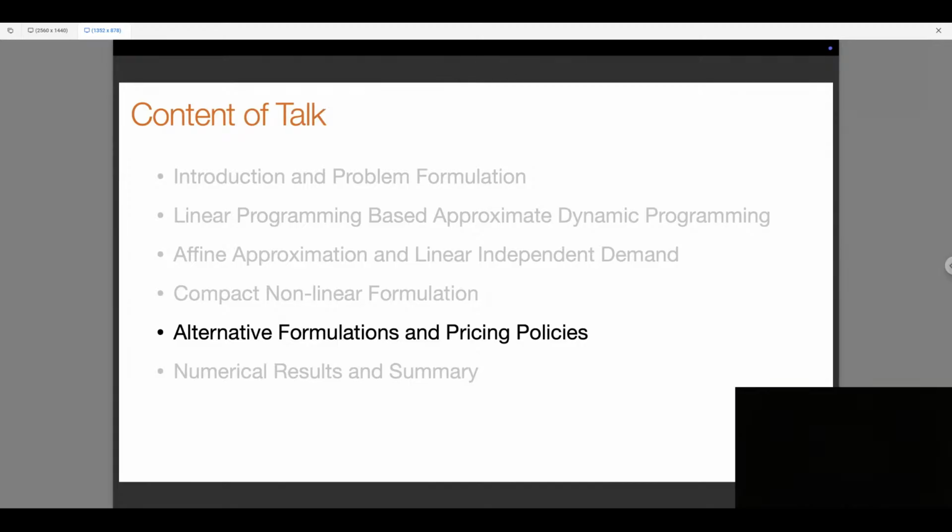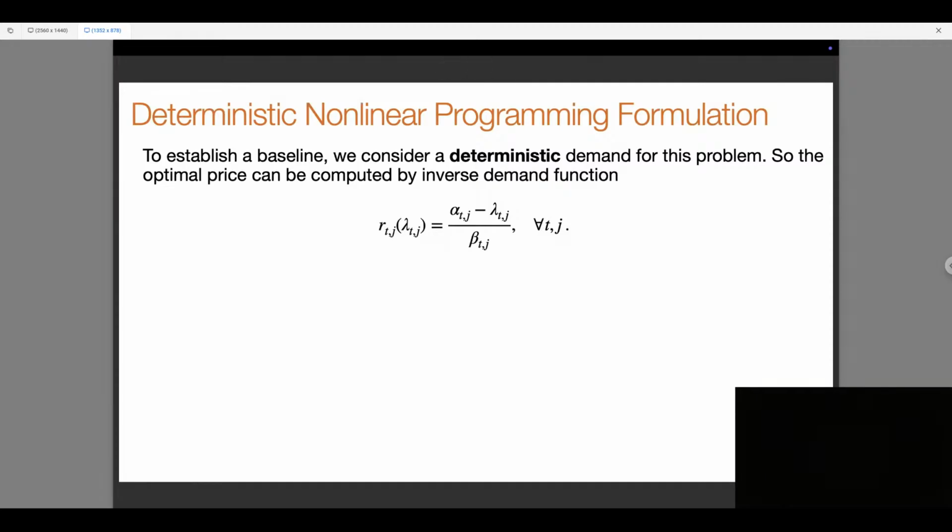And then we have some alternative formulations. In this part, I will go through two alternative formulations and introduce the pricing policies for this model. The first one is a deterministic nonlinear program formulation.